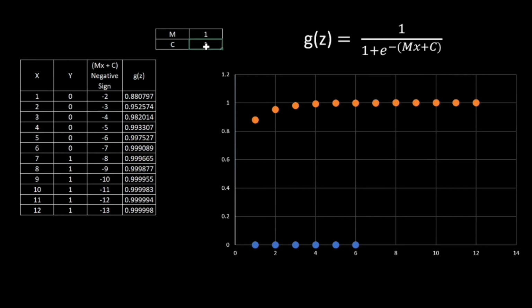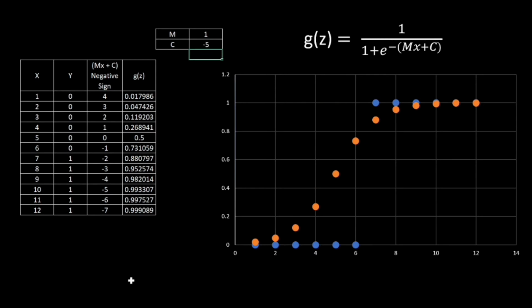So let's increase the value of c to 5. Oh, it means we have to go to the negative side, because while putting 5, the graph is moving upward. So let's go to minus 5.